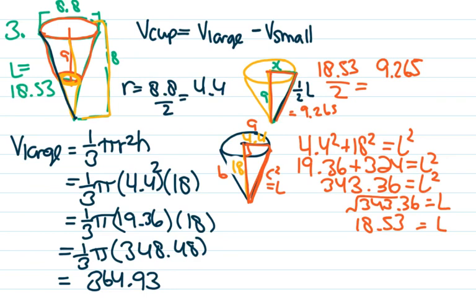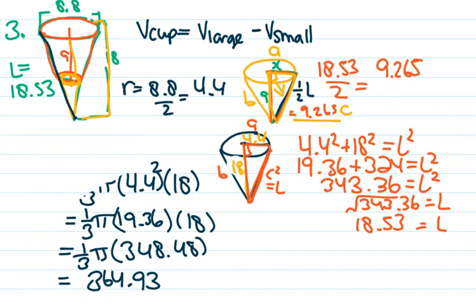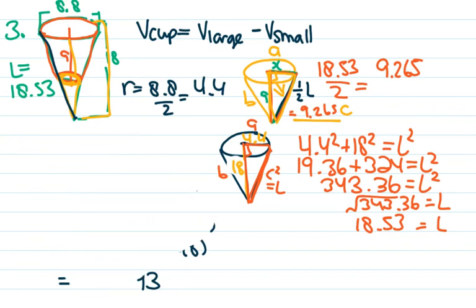All right, so now that I have that, I'm actually able to find the radius, because here I have another little right triangle where half the slant length here is the C value because it's across from the right angle. 9 would be B and X would be A. So now A squared plus B squared equals C squared. I'm just going to erase the volume of the large one so I can keep these little diagrams here.